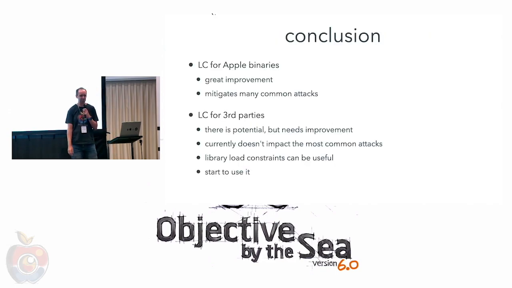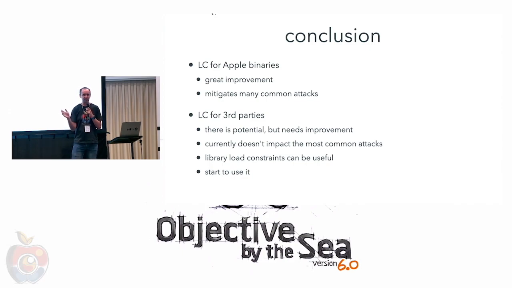So, conclusion: I think launch constraints for Apple stuff are a great design and really do solve a lot of the issues. For third parties, I think it's a good start, but launch constraints are designed more for the Apple side, and I think they don't solve the problems with third-party software that we actually see.